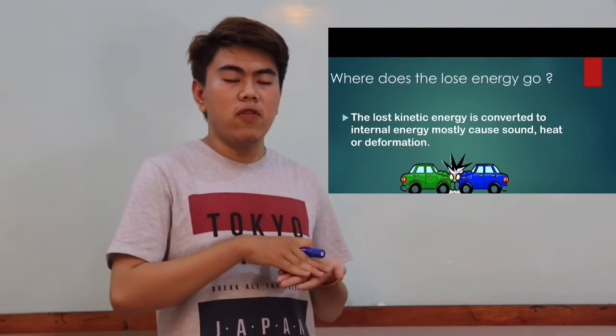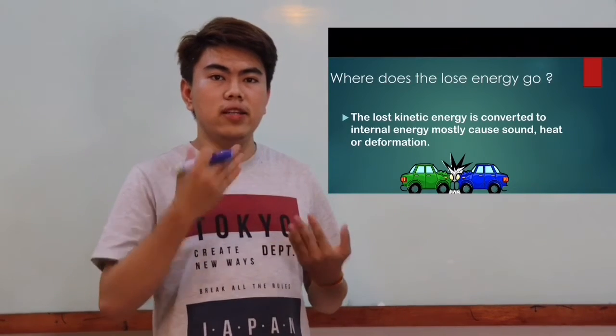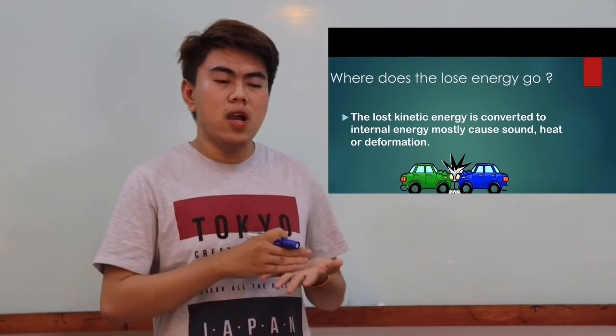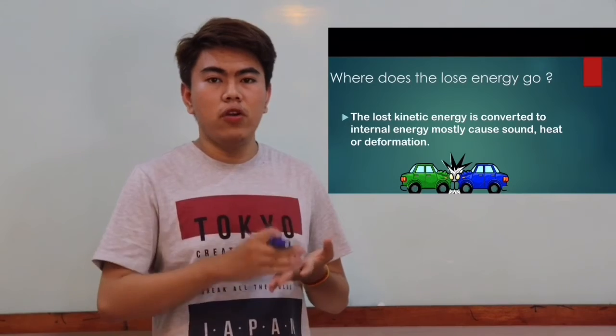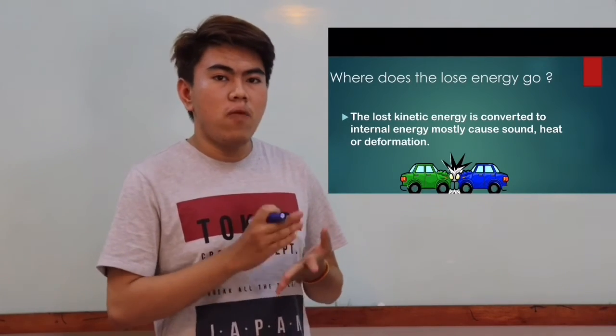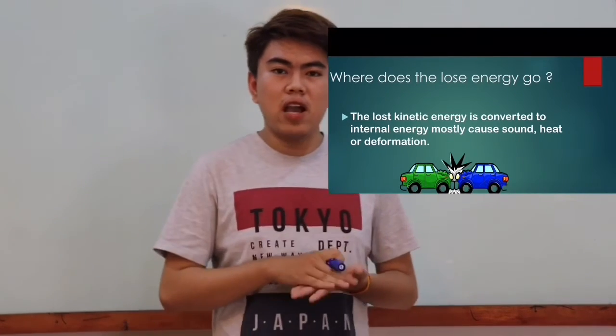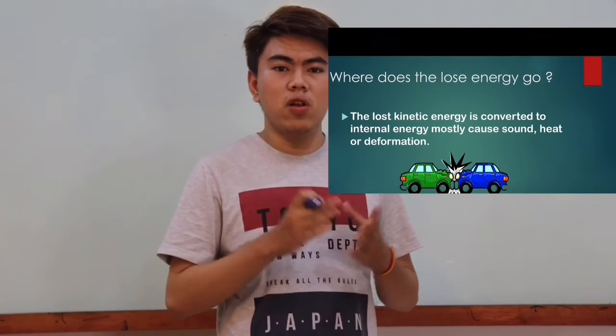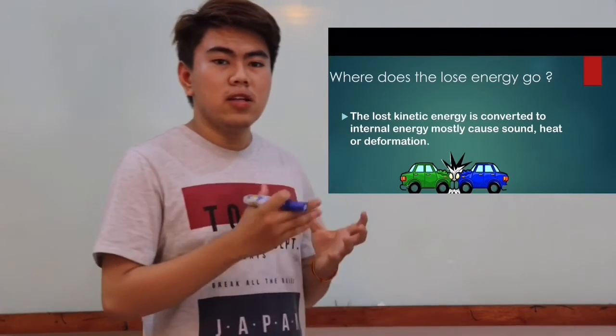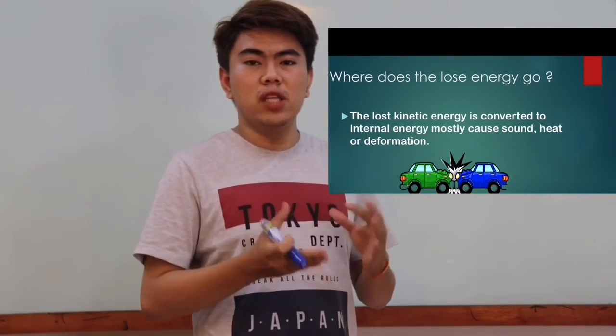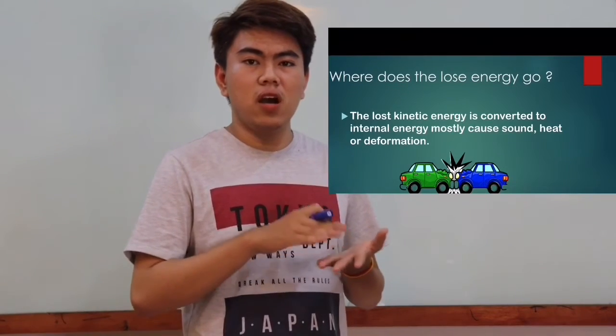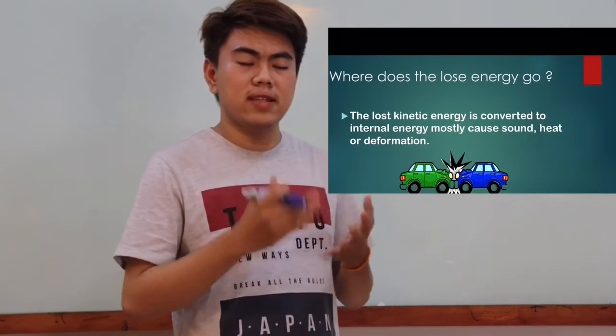The lost energy is actually converted to internal energy, which mostly causes sound, heat, or deformation of the object. For example, in a car crash, after the collision between two cars, the two cars deform in shape and there is sound during the accident.